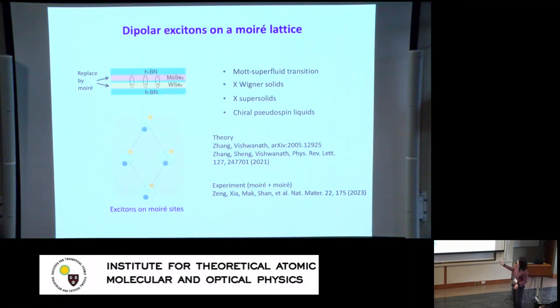I don't need to go into the motivation, but how to put a boson on the lattice. Mohammed talked about pumping a little more to add in the moire system. Anyway, our idea to reach equilibrium exciton on lattice is to replace each single layer by a moire. So in one layer you have electron-doped moire, and in the other layer you have hole-doped moire. But there are some technical challenges.